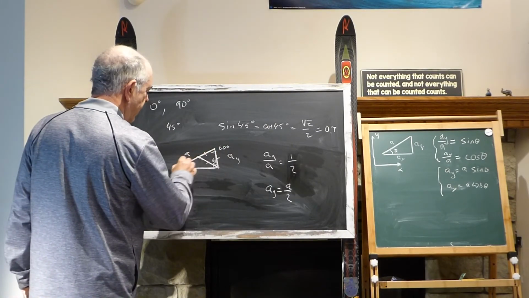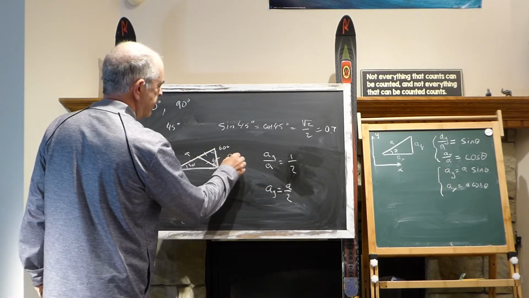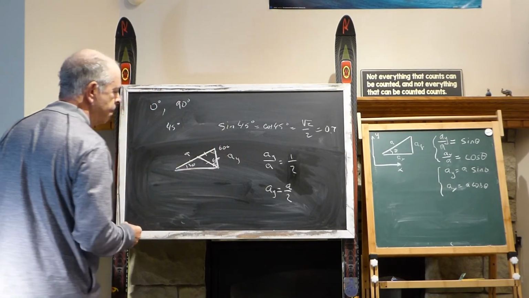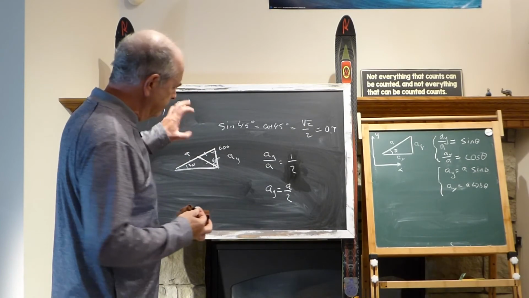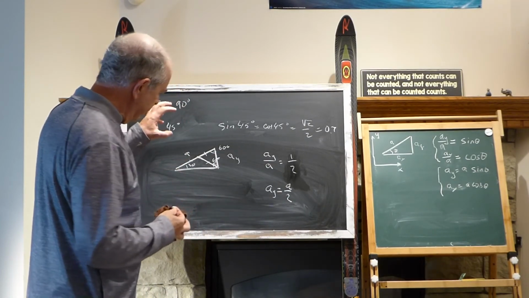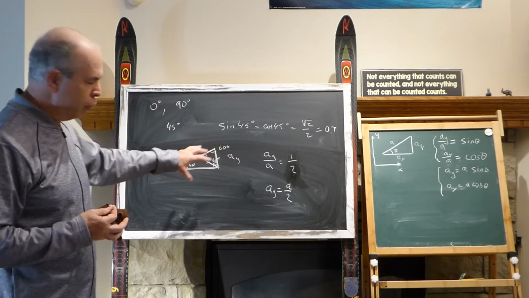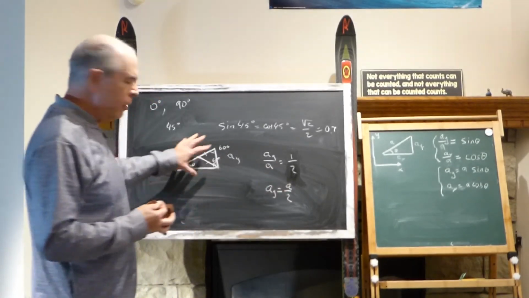So this becomes half of hypotenuse, and I already said that this and this are the same. So you can follow this. I don't want to get too deep in this proof, but you can do it.